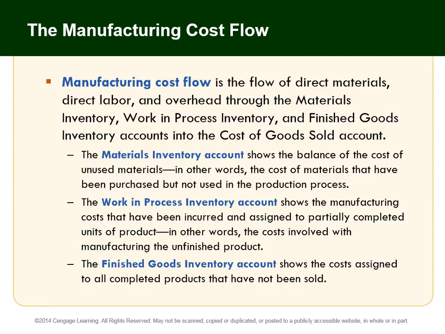So when you look at that, that's the manufacturing cost flow. That's how it works. You buy it, you put it in this storage, then you move it to the floor, and then to finished goods. Those are the three inventories I'm telling you about.